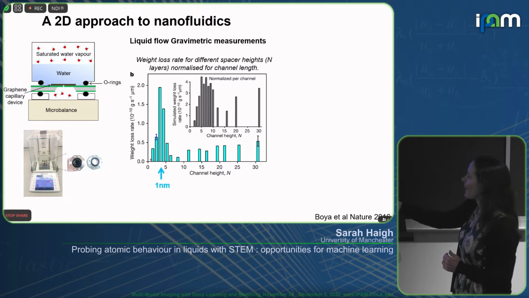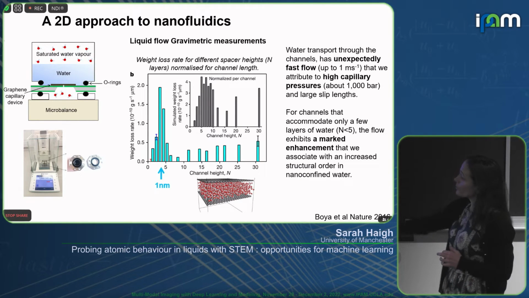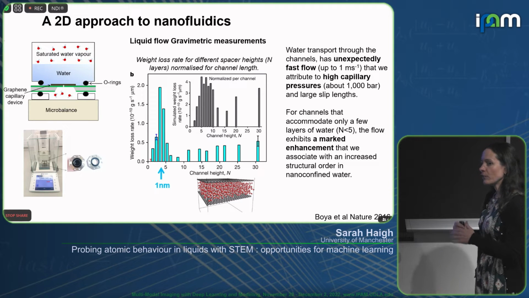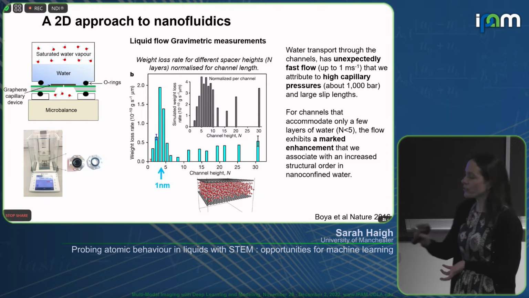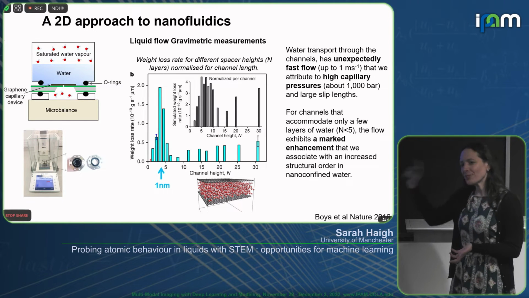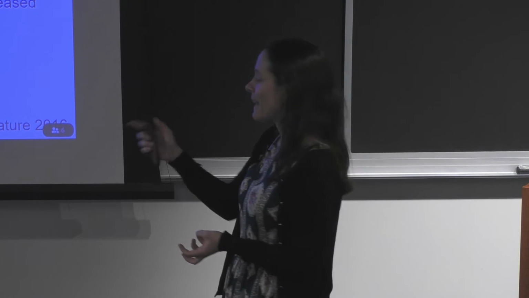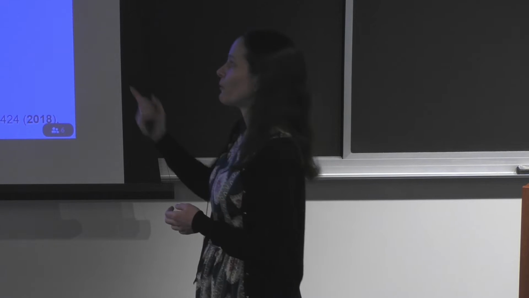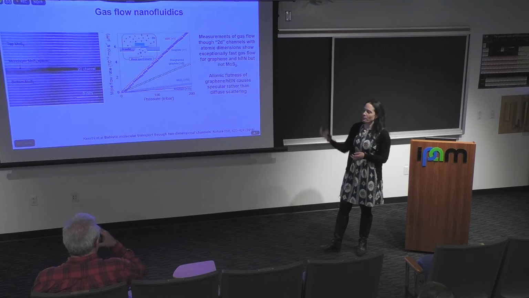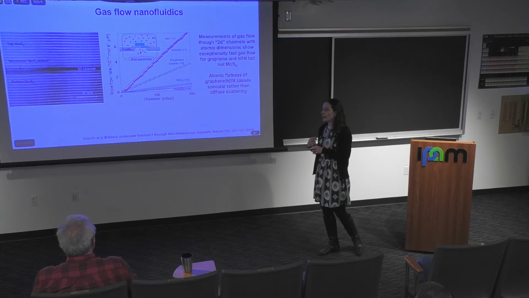And you can understand this based on an increase in the order of the water in between the two graphene sheets, which means that you get much faster flow. So effectively you have a higher pressure, which gives you this much faster flow through these channels. Now the important take-home message here is that you do get significant fluid flow through nanochannels that are made from two-dimensional materials.